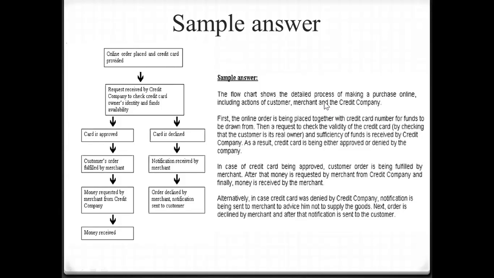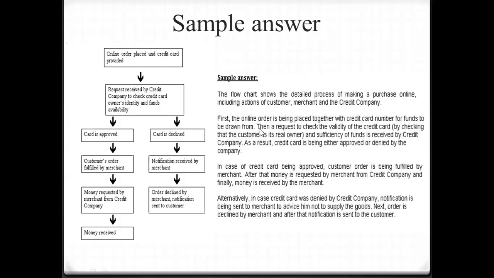And then followed by the body part, the second and third paragraphs. Since this is a process chart, or process illustration, the person used first, the online order is being placed together with the credit card number for funds to be drawn from.